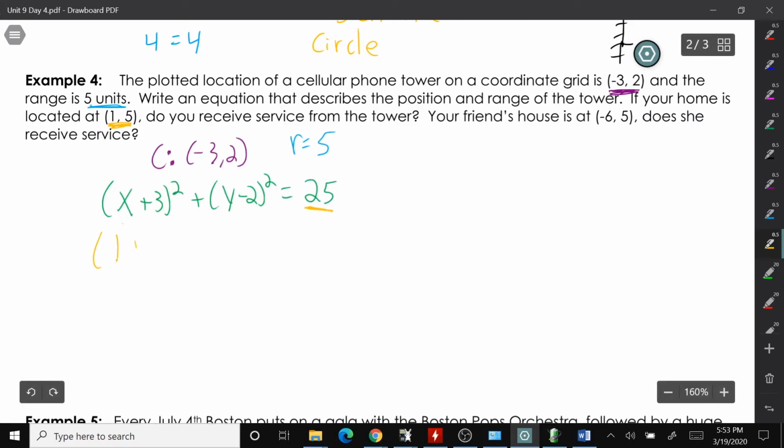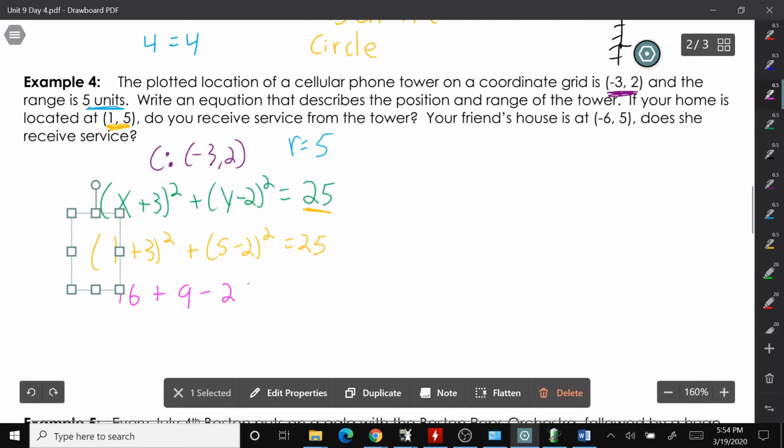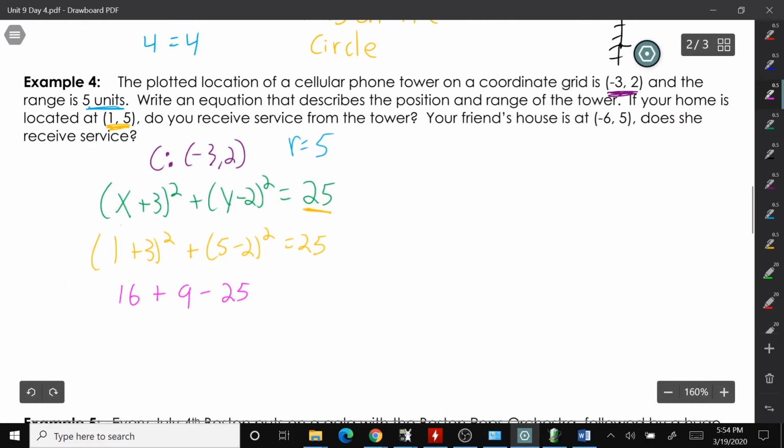It's going to be 1 plus 3 squared plus 5 minus 2 squared equals 25. 1 plus 3 is 4. 4 squared is 16. Plus 5 minus 2 is 3. 3 squared is 9. 16 plus 9 is 25. And 25 is equal to 25, so yes, you would get service.